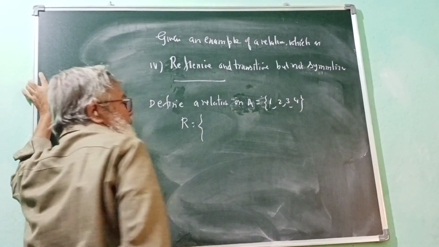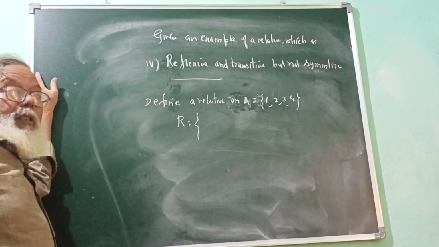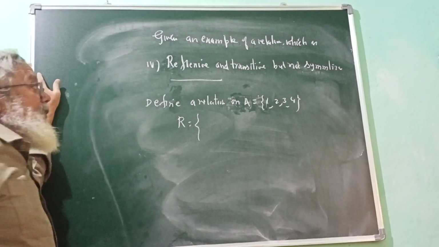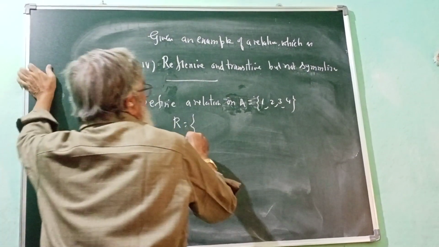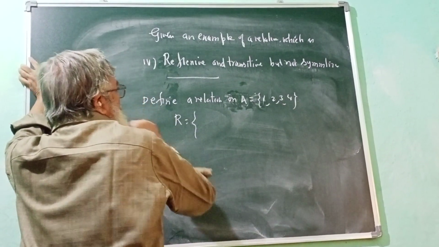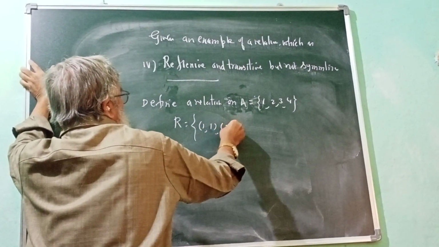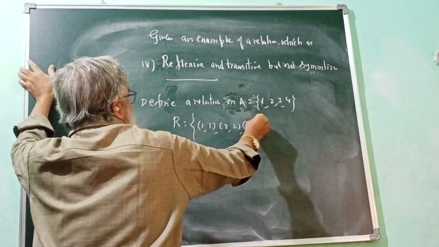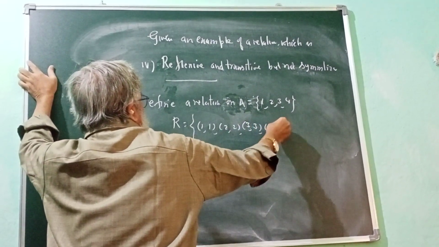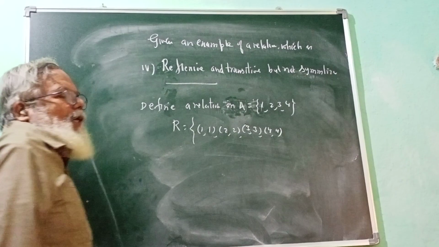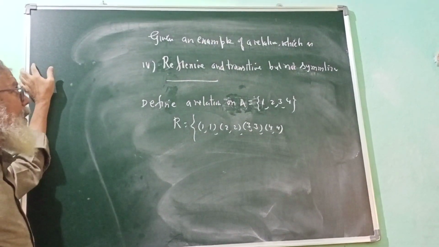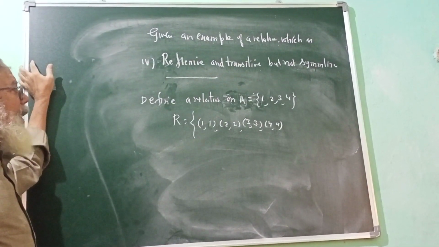A simple set, a simple example we should take so that it satisfies the given condition. For this you see here it is reflexive. Reflexive means (1, 1), (2, 2), (3, 3), (4, 4). All elements have reflection. And transitive also.